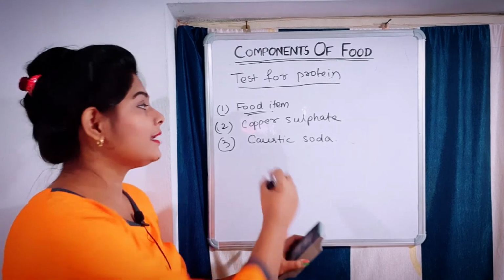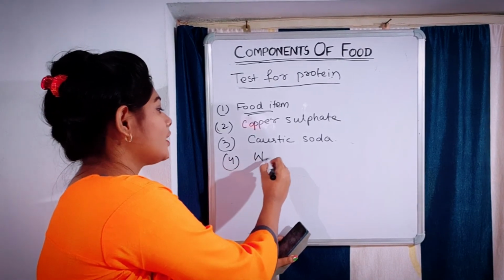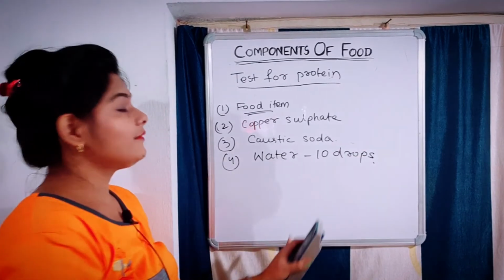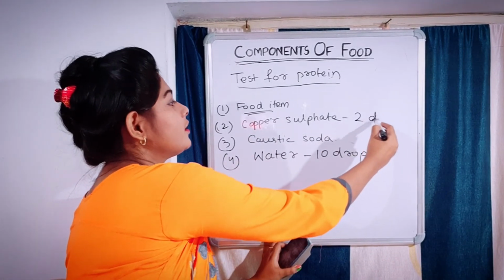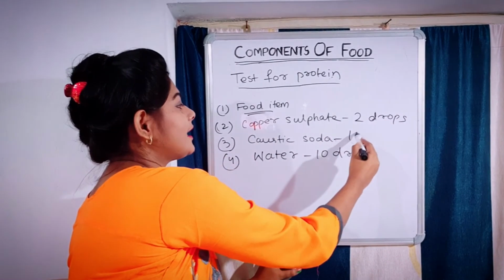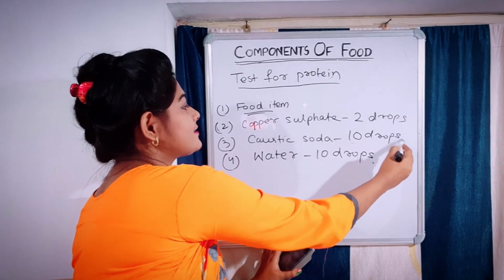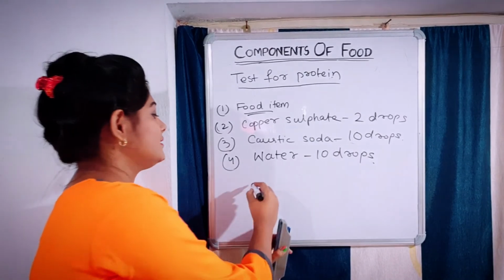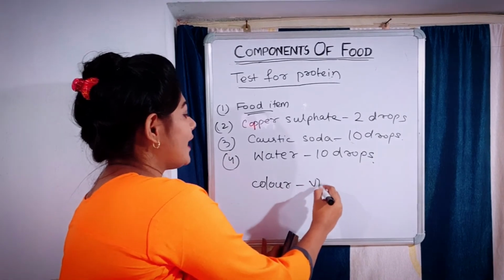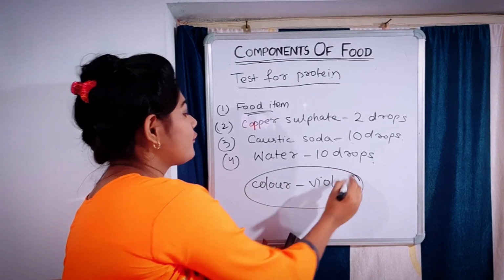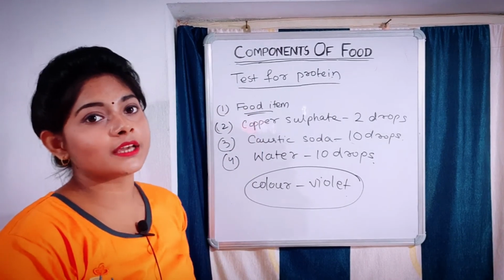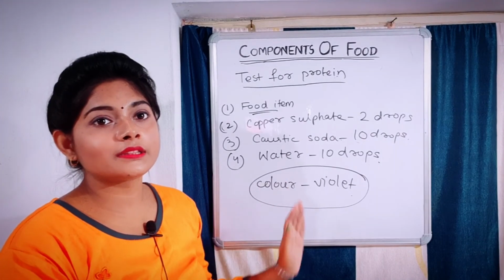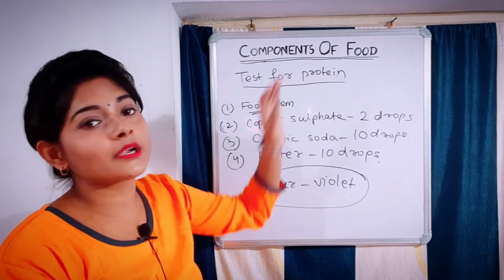Then we will add 10 drops of water. Then we will add 2 drops of copper sulfate and 10 drops of caustic soda. We will add these in this proportion, and then if the color changes into violet, that means the food contains protein. But if there is no change, that means the food doesn't contain any protein. So this is the test for the presence of protein in our food.